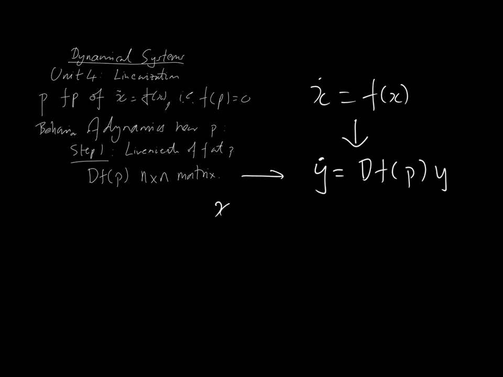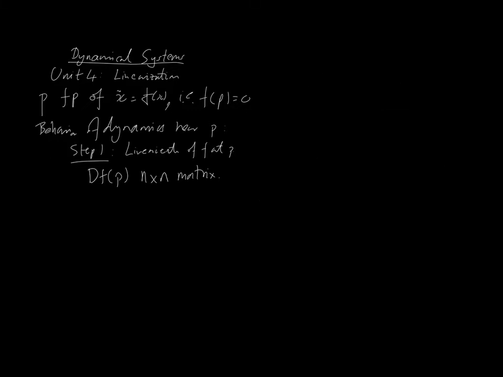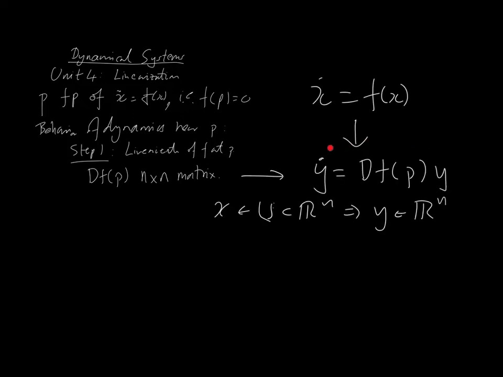So x is in U, which is a subset of Rn, then y is going to be in Rn, and this is going to be a linear system. This system here is the linearization of this system at P.